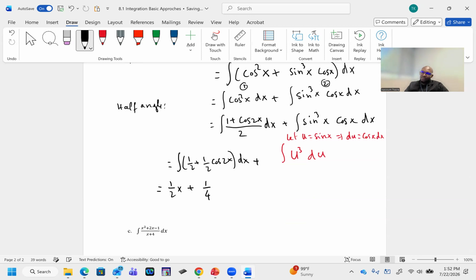So I will have 1/4 sine of 2x, and the antiderivative of u to the power of 3 will be 1/4 u to the power of 4. But what is our u? Sine x. So plus 1/4 sine to the power of 4 x plus c, and that's it.